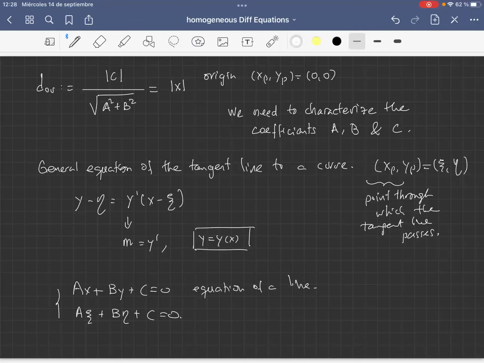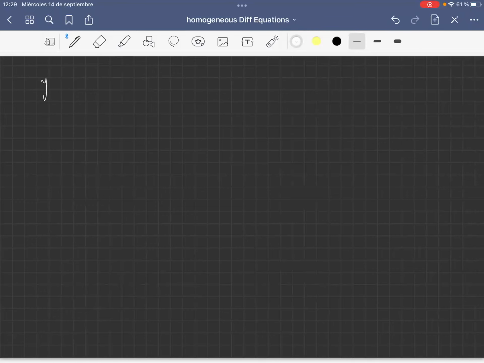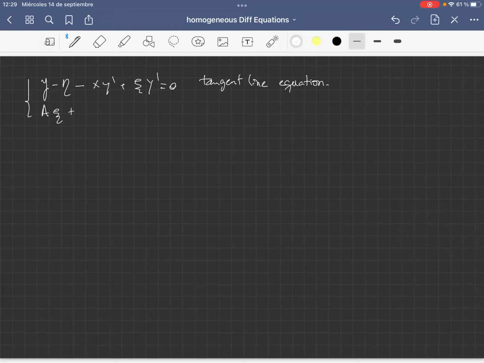So what do we have to do? We just have to compare the equations and learn what A, B, and C are. Here on one side we have the tangent line equation, and on the other side the normal form.